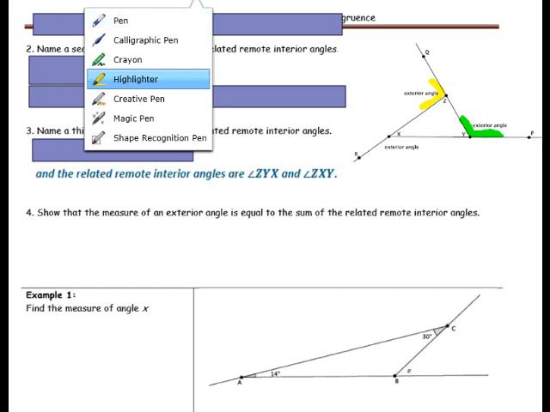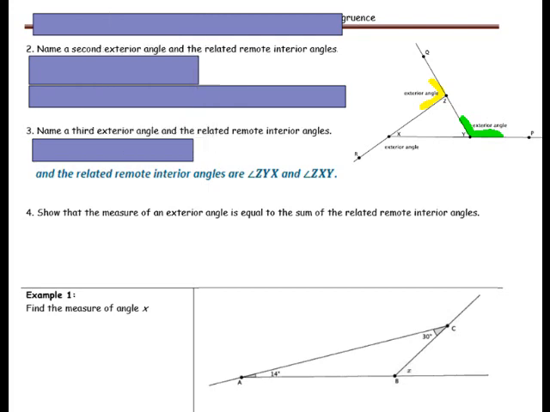So let's take a look at angle XYZ. We have angle XYZ right here, and angle ZYP. That would be ZYP.